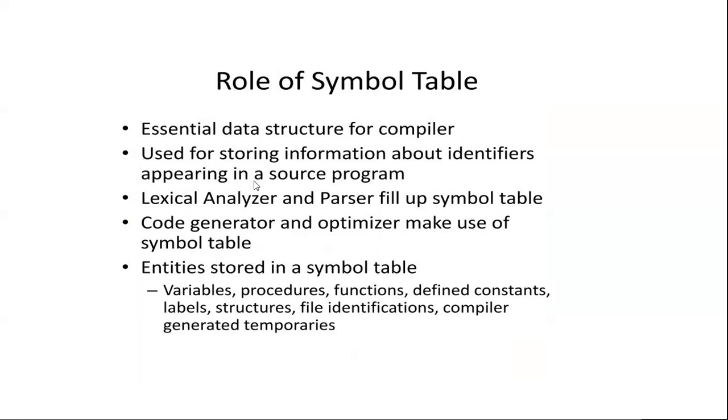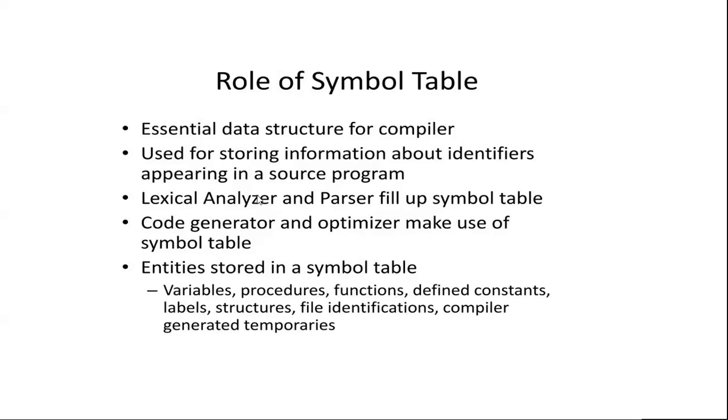The compiler uses this data structure for storing information about identifiers appearing in a source program. The main purpose is to store variables, procedures, functions, defined constants, labels, structures, file identification, and compiler generated temporaries. These are all the data we can find in a symbol table.